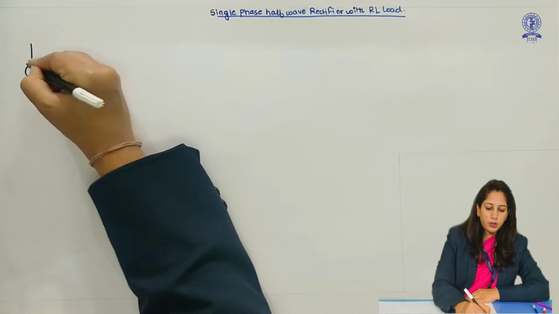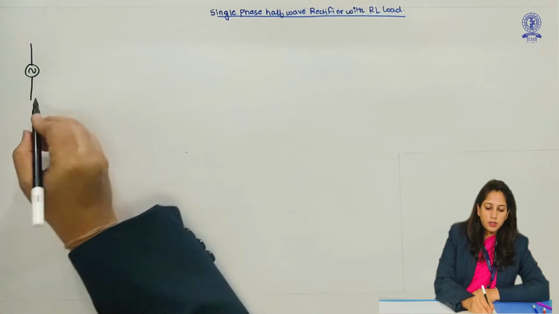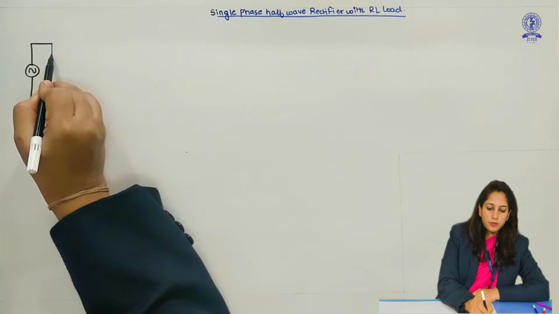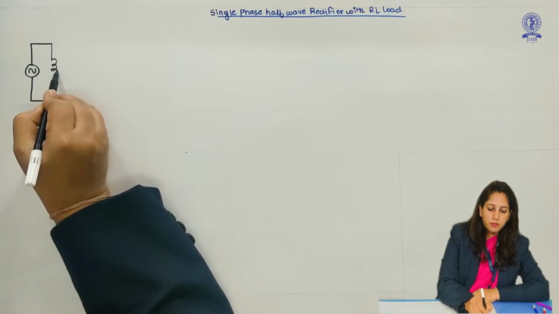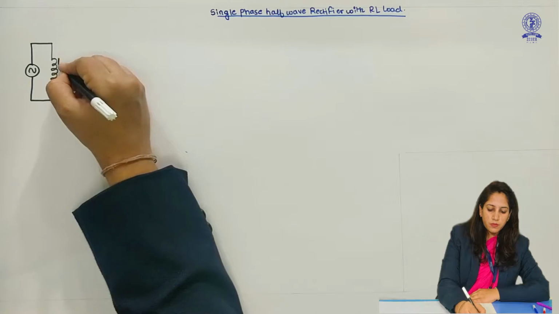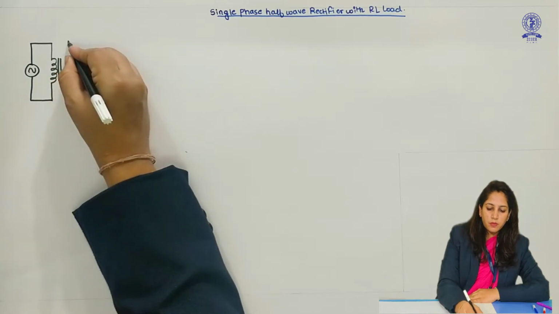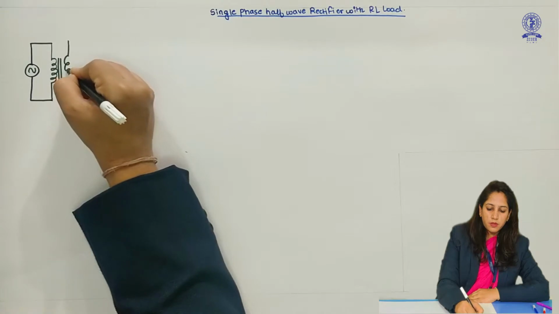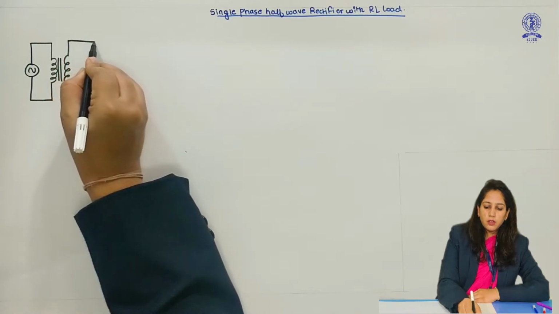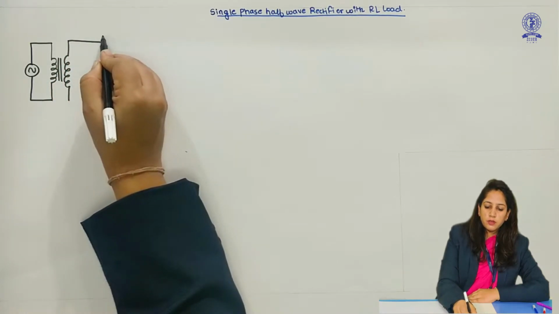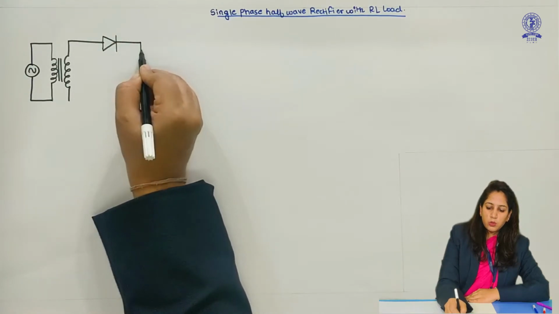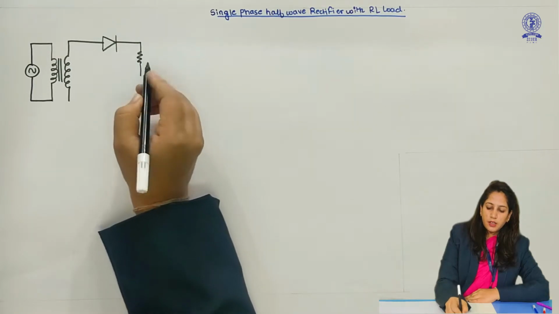So here I will be providing an input AC wave to the transformer. Then I have connected a diode to resistance and inductance.